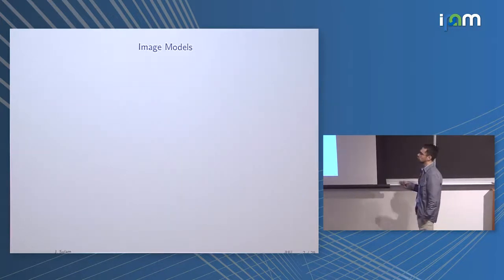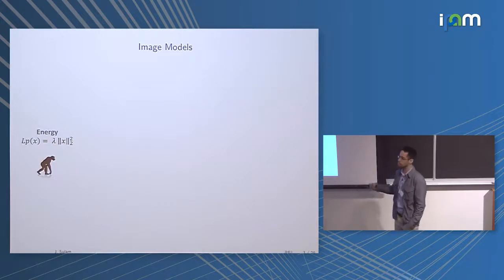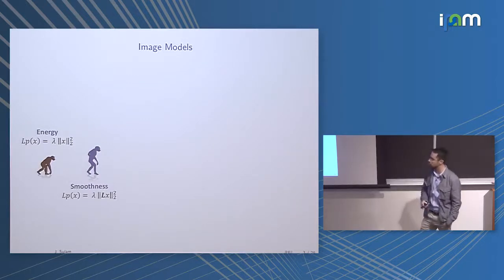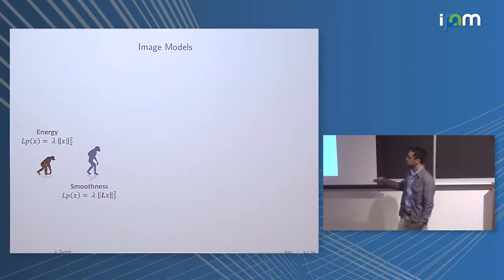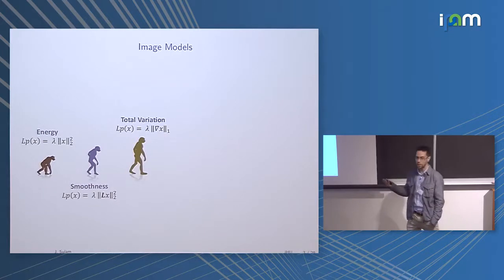If you look at the evolution of image models through time, 50, 60, 70 years ago, you would have expected natural images to have bounded energy. But actually, this is better if you impose some smoothness, so low energy after some sort of transformation. And perhaps an L2 norm is not too good of an idea, so you could use a total variation, which is actually very close to the heart of IPAM.